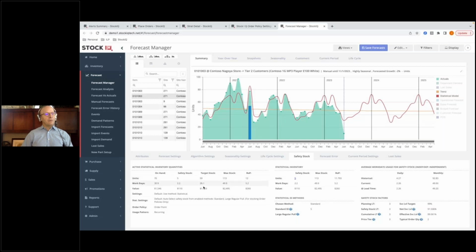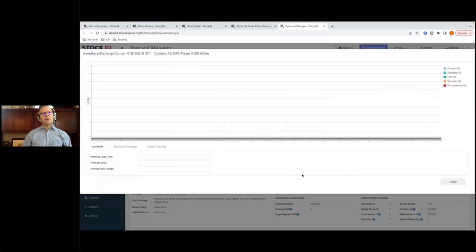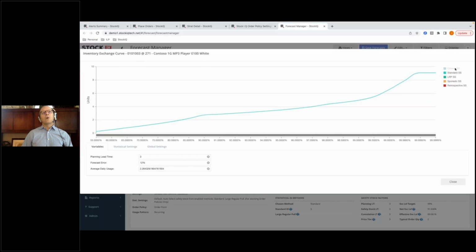And then the value of the overall inventory. So we would expect on this item to be carrying roughly about $1,300. Now, one of the things in this overall equation is if we want to meet a higher service level goal, or we think this is too much inventory to carry, we can actually come out here and we can say, well, what if we wanted to lower our service objective?